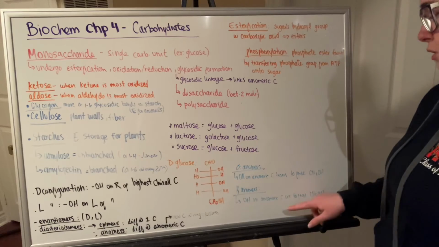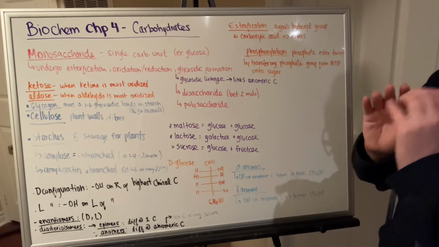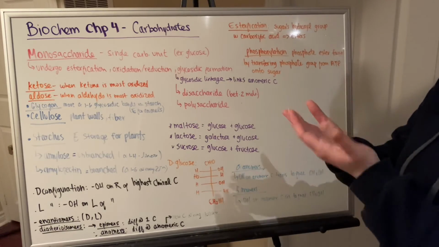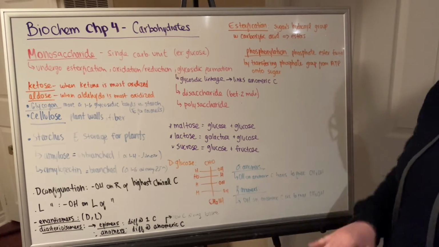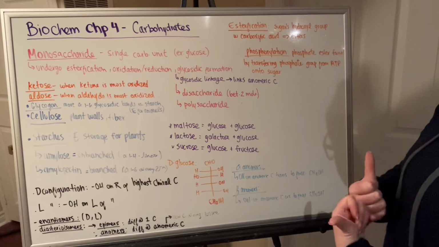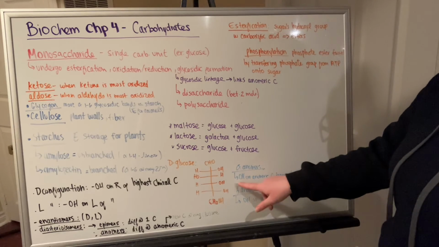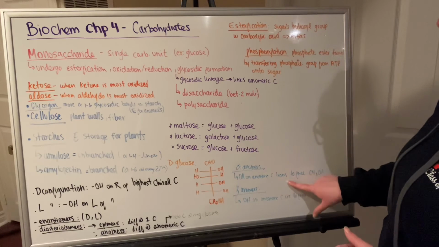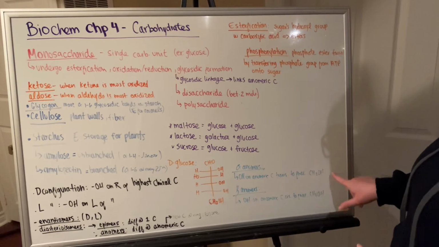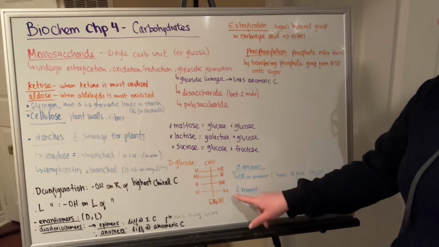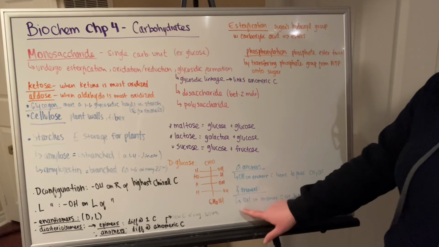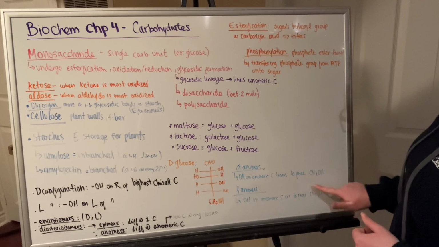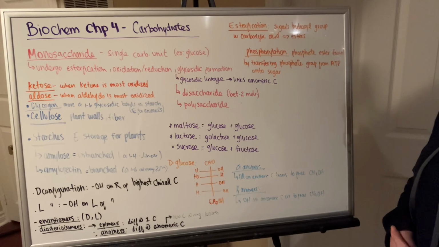So when we say trans or cis, we've looked at this in organic chemistry, and when you have a double bond, cis would be on the same side, and trans is when they would be on opposite sides. So this is saying the OH on the anomeric carbon is on the opposite side of the free CH2OH. And for beta anomers, the OH on the anomeric carbon would be on the same side as the free CH2OH.